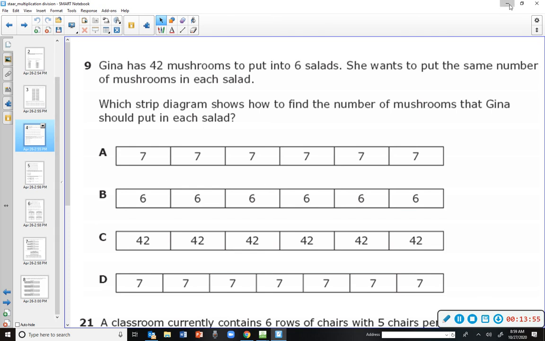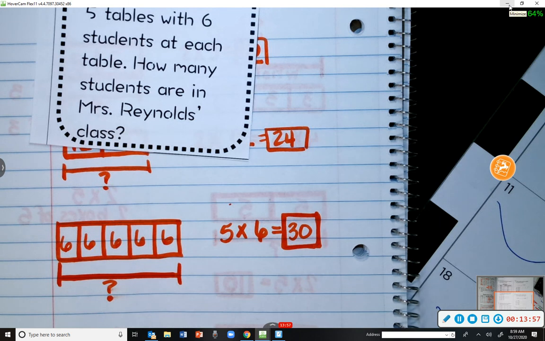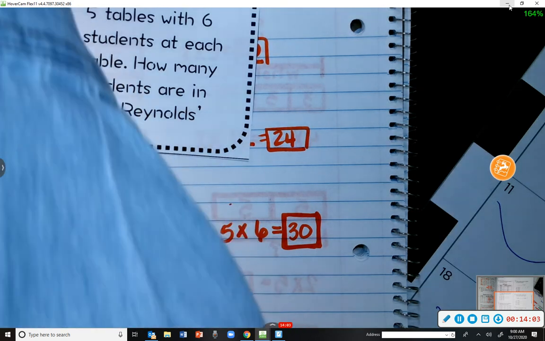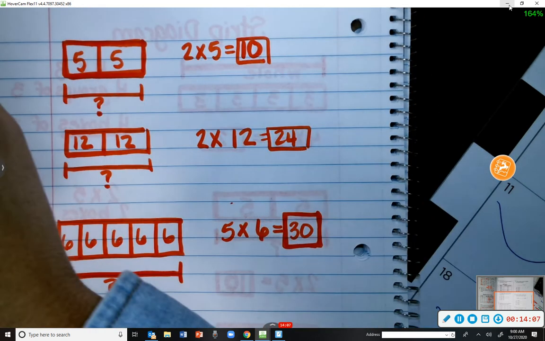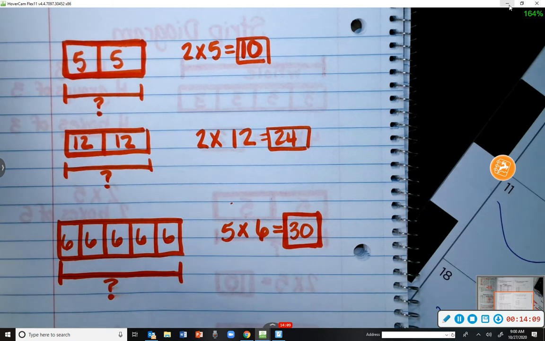Okay, so your assignment today, we're just starting off very basic. You guys have already pretty much proved to me that you can do this very easily. So all you're doing today is you're going to be matching the multiplication equation to the strip diagram. Okay?